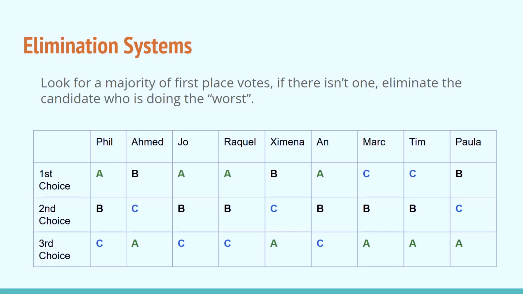A. So then it's like A was never there. Okay, so anyone that had A as a first place vote, now I think all of them have B as their second place vote. So then B has 7 and C has 2. So B hits the majority, so B wins.